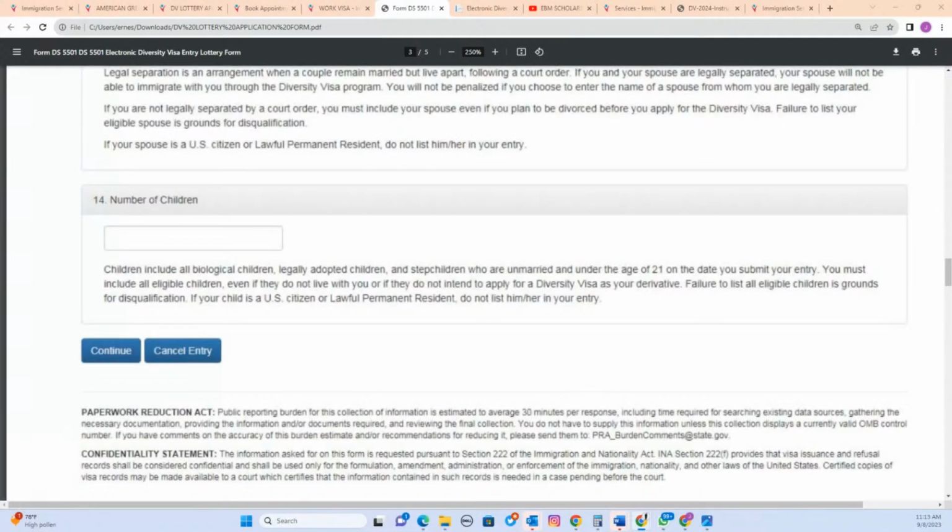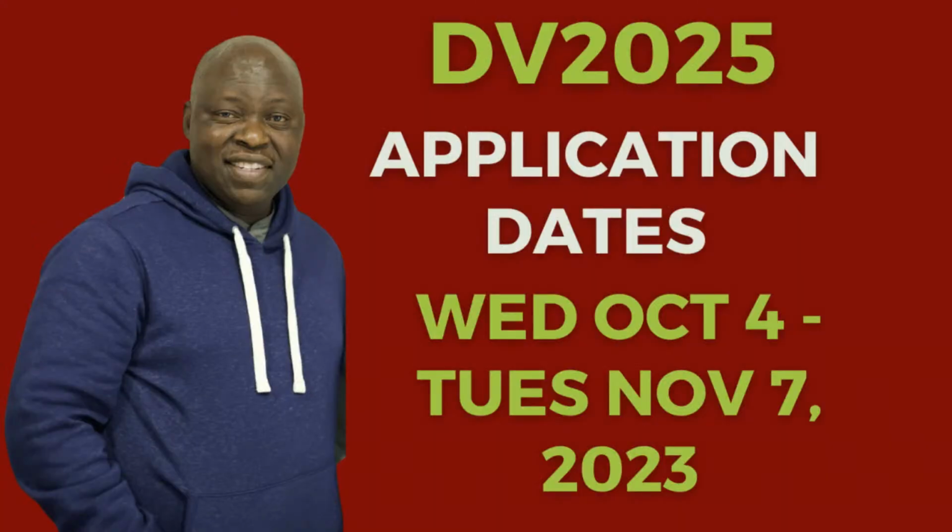Then, the dates for the application. These are my predictions for the application dates. It doesn't matter whether you apply on day 1 or the last day, whether you are the first person or the last person to apply, you can still be a winner.